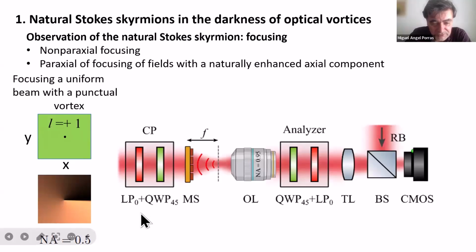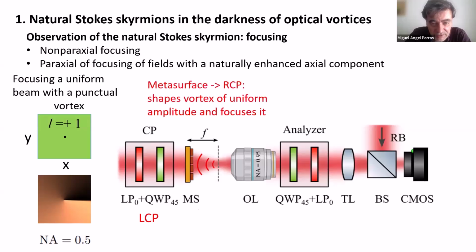For the observation, initially we prepare here left-handed circular polarization. And instead of using a lens, we have used this meta-surface that has three functions. The meta-surface converts almost completely to right-handed circular polarization, shapes the vortex phase, the azimuthal variation of the phase, with a uniform amplitude, and also focuses it.